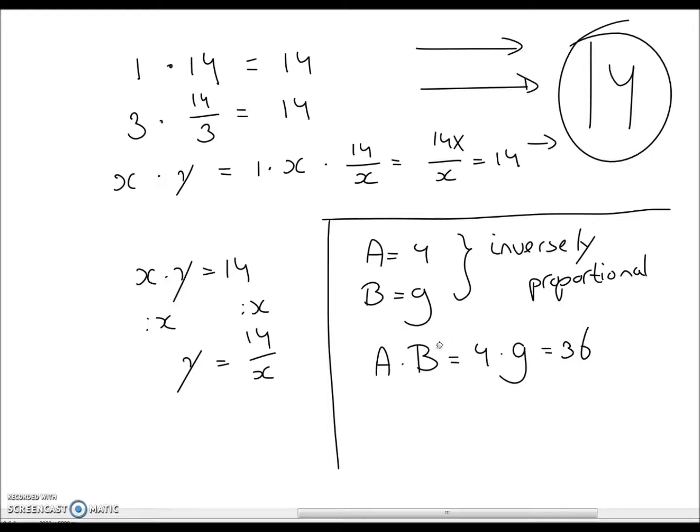In other words, any a times its corresponding b should result in 36. So that also means that b is that number 36 divided by a.